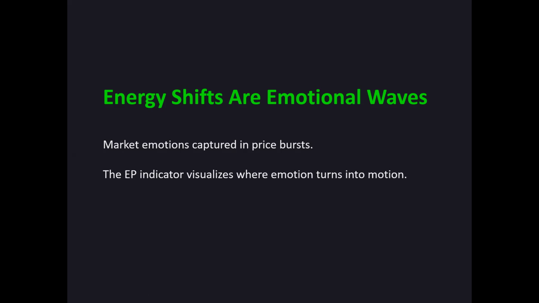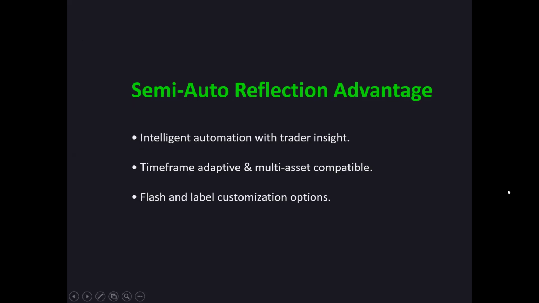Yes, traders, emotion will be there. You will be carried away by so many things, by the disturbance of the price movements. But you will get clarity with this EP indicator on which side you need to trade.